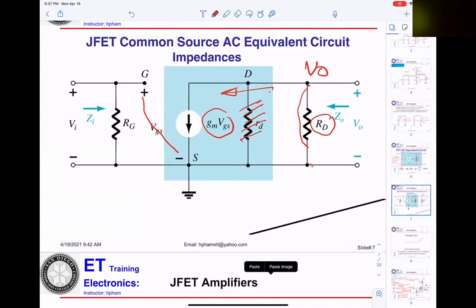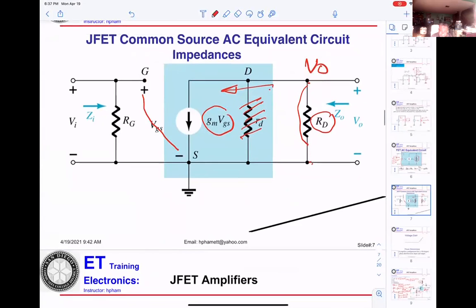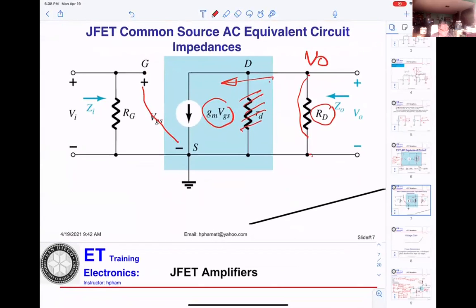We already got that GM is negative. Then to calculate V out, V out equals the current flowing here times RD, and the current here is GM VGS.